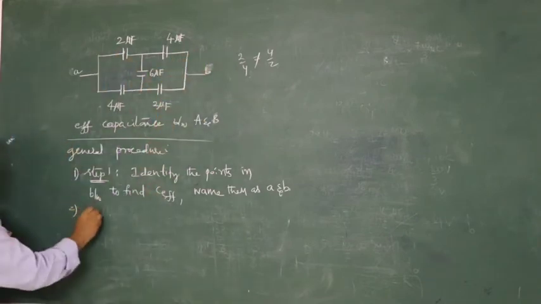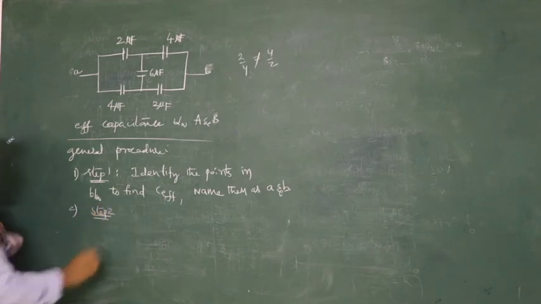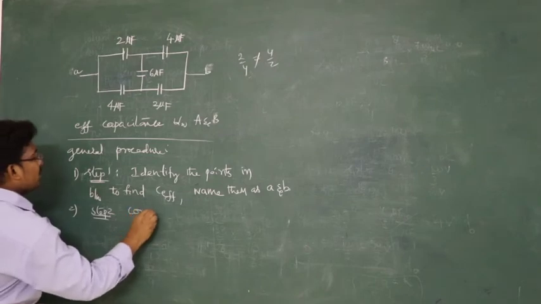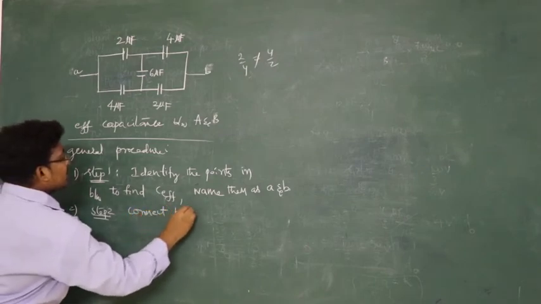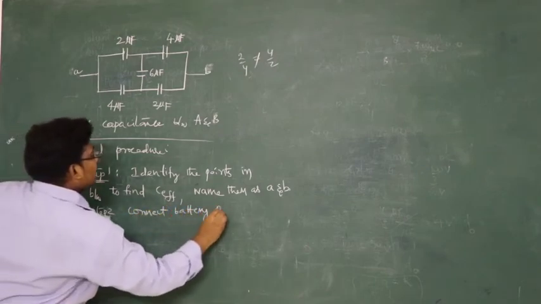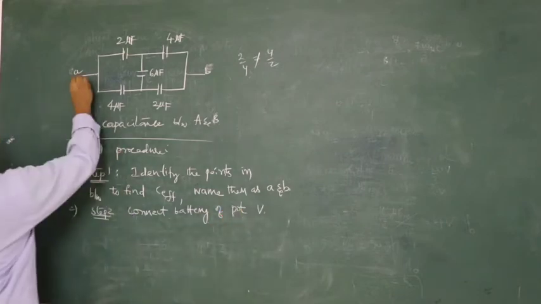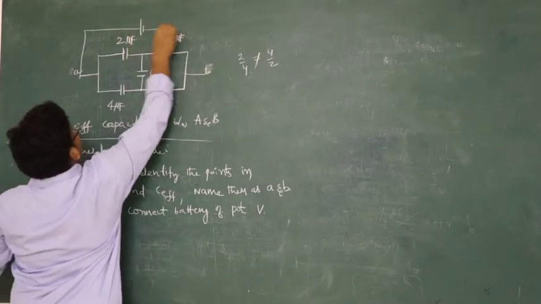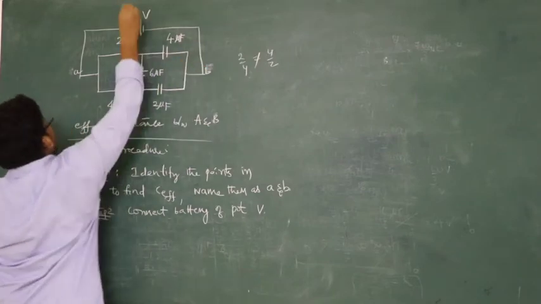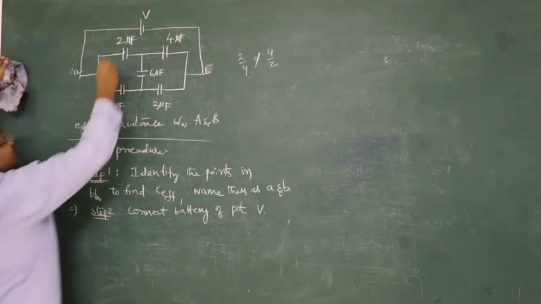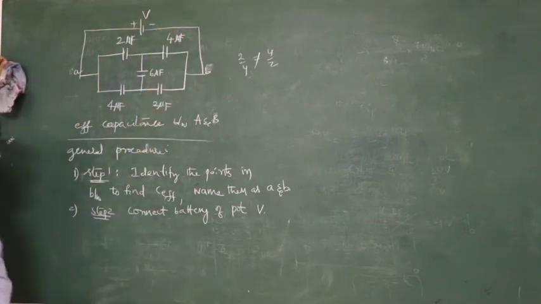And the second step: connect a battery of potential V. In between these points, you can connect a cell. The cell has two terminals, plus and minus.